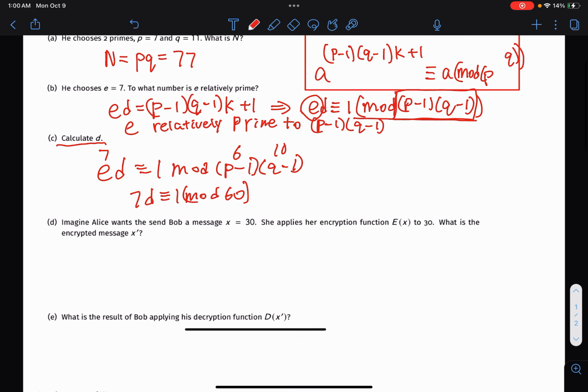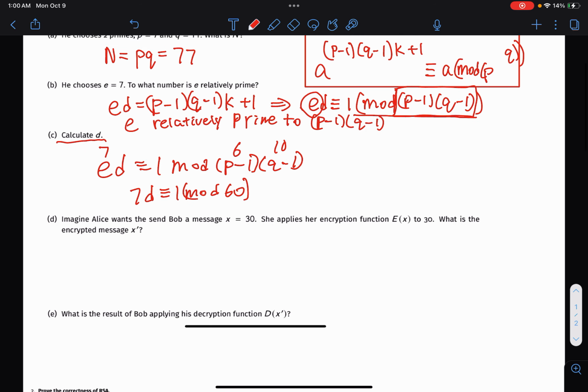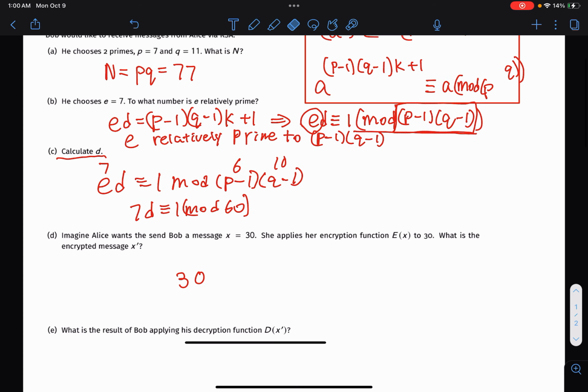Imagine Alice wants to send Bob the message x equals 30. She applies her encryption E of x to 30. What is the encrypted message x prime? I'll also leave this to you as an exercise. But what you're supposed to do here is encrypt x. And because our encryption exponent is 7, as we can see above on part B, E is equal to 7, we need 30 to the power of 7 congruent to something.